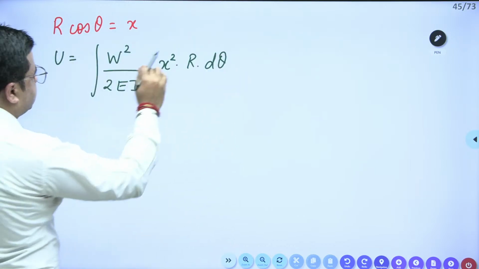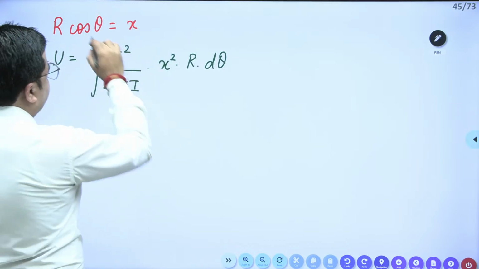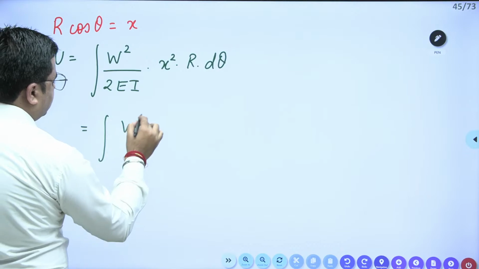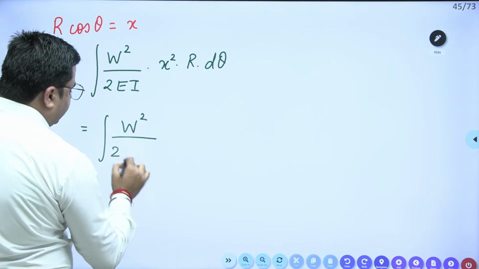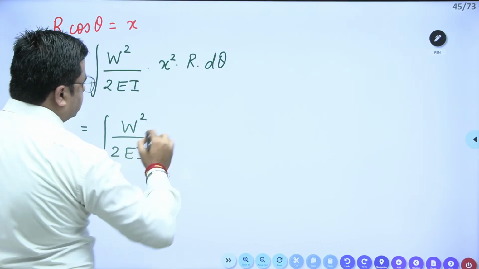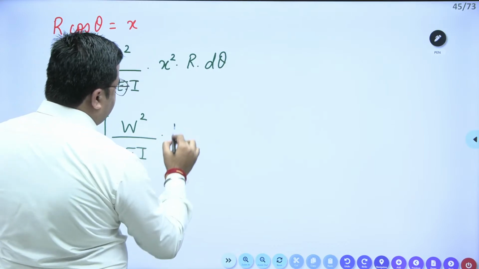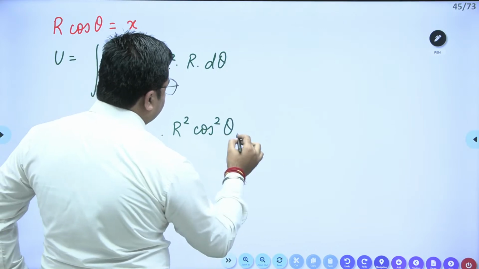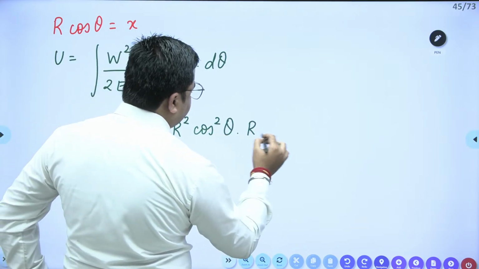This x square can be written as r cos theta, so this comes out to be integration of W square upon 2EI into r square cos square theta into r into d theta.